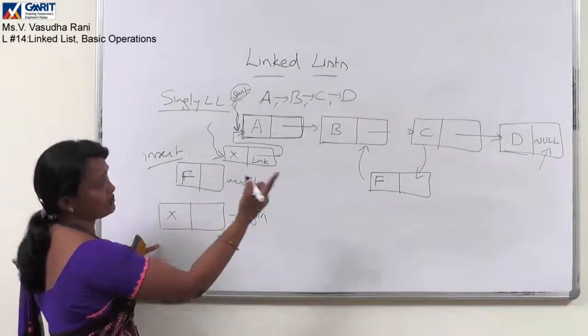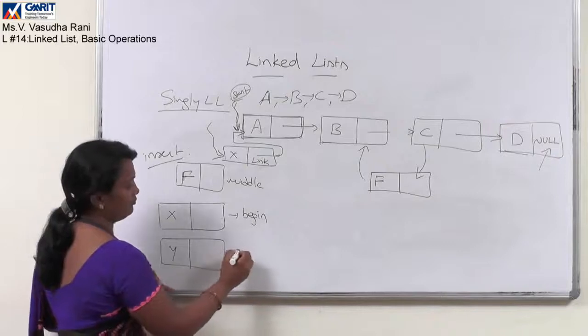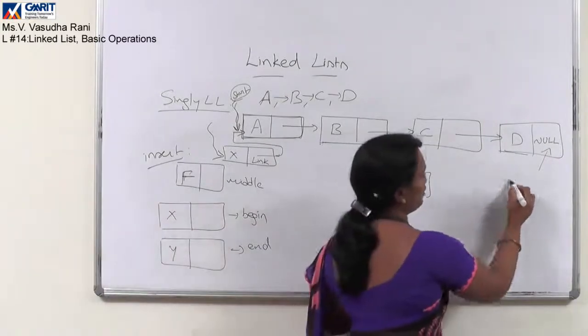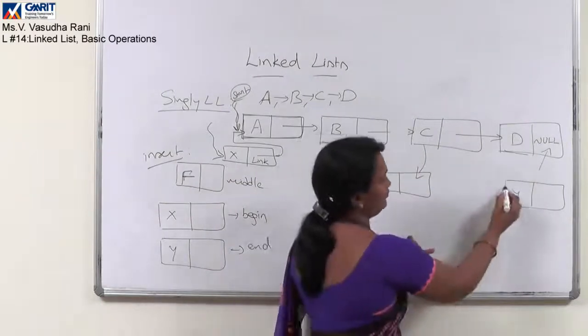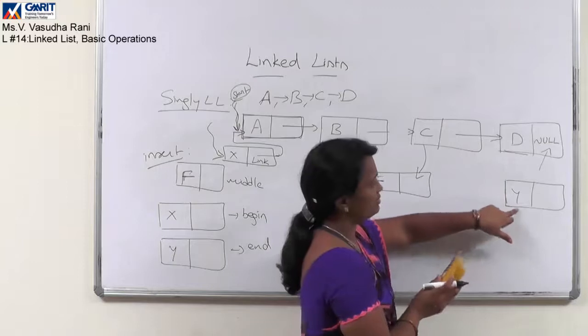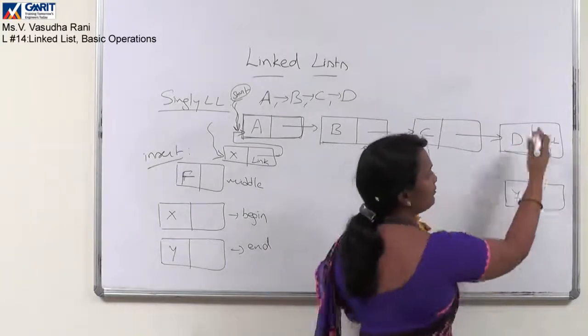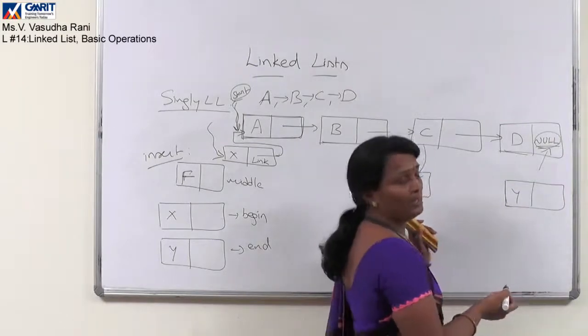Coming to the third case, at the end of the list, where you want to insert a new node Y. Earlier, D did not have any further nodes, so its address location was referring to null.